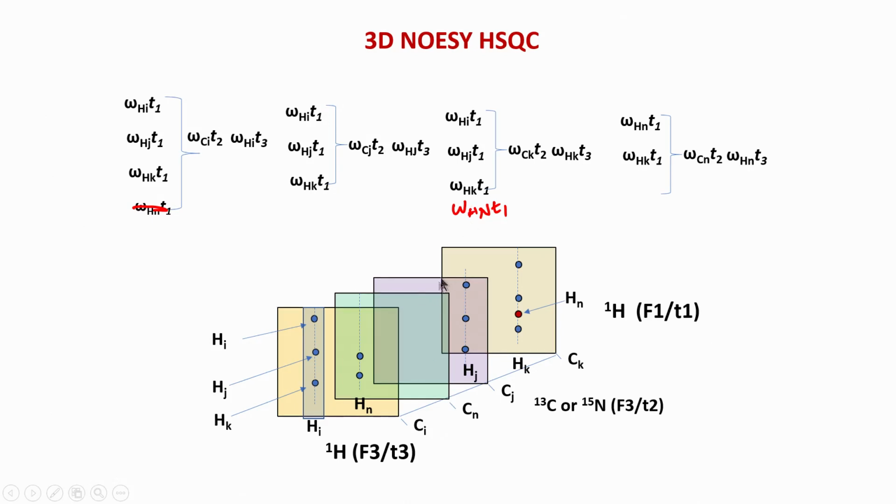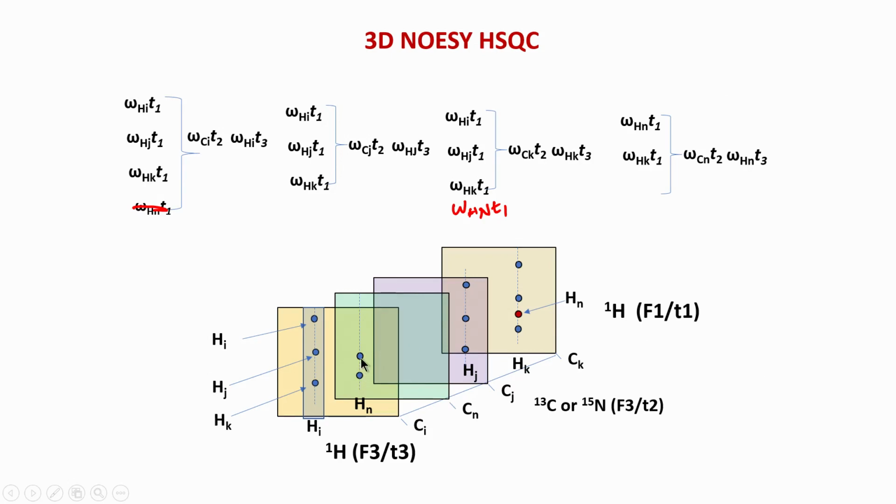Now if you look at the 3D planes, we have added one more plane, in blue color, and that is Cn, because we now have an extra Cn Hn combination. This Cn Hn combination is shown here. In that plane, along Hn, that is along T3, you will see along T1, or F1, these two peaks.